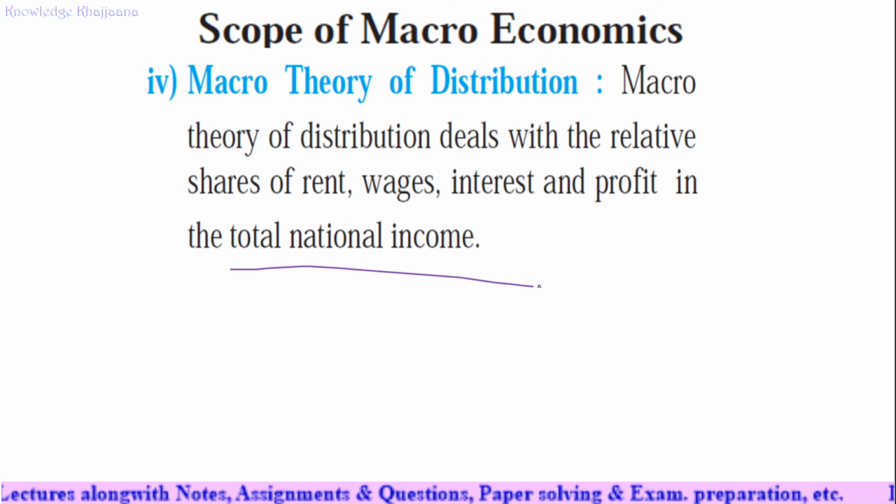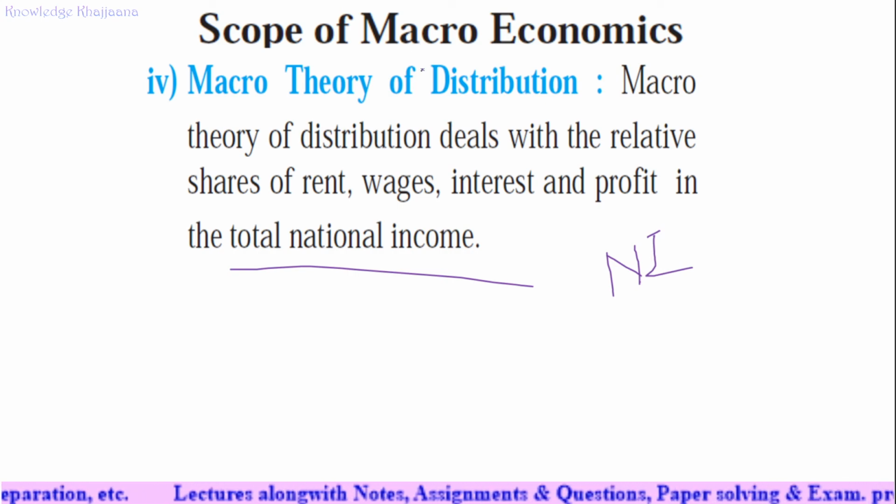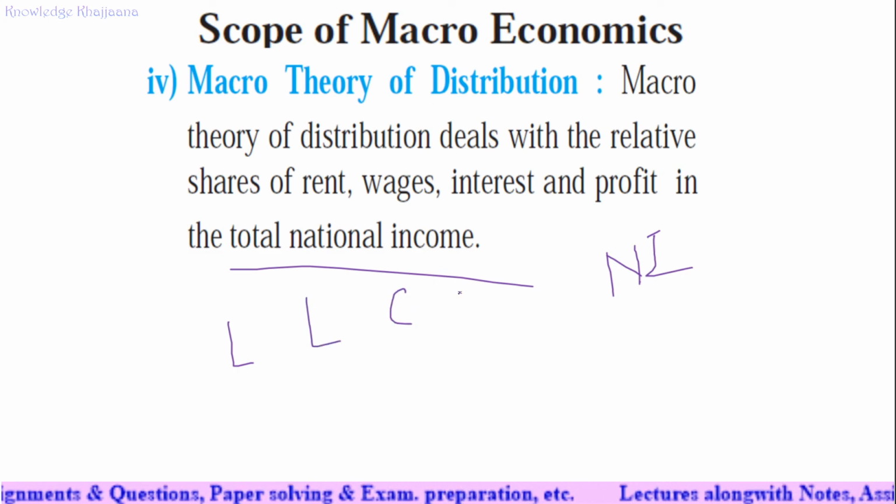What does this mean? The national income must be properly distributed among the different factors of production. Which are the factors of production? Land, labor, capital, and entrepreneur.